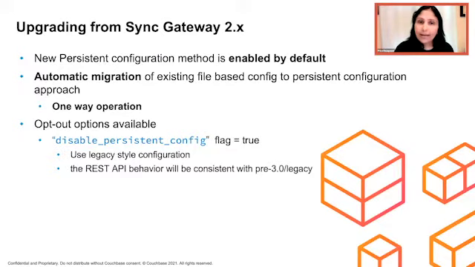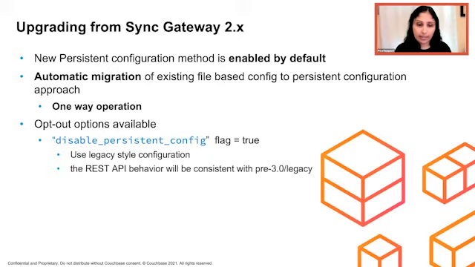So if you are an existing Sync Gateway user, what do you have to consider when you're upgrading your cluster to 3.0? Note that persistent, centralized configuration is enabled by default. We have an auto migration capability available.